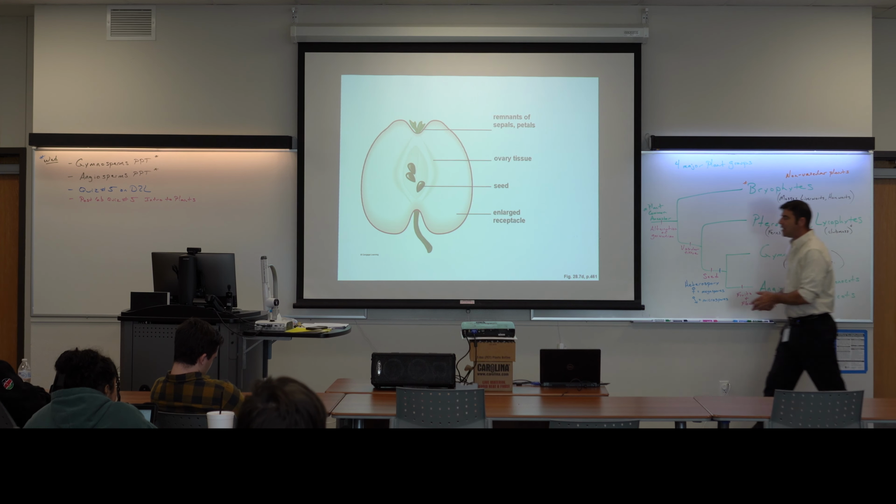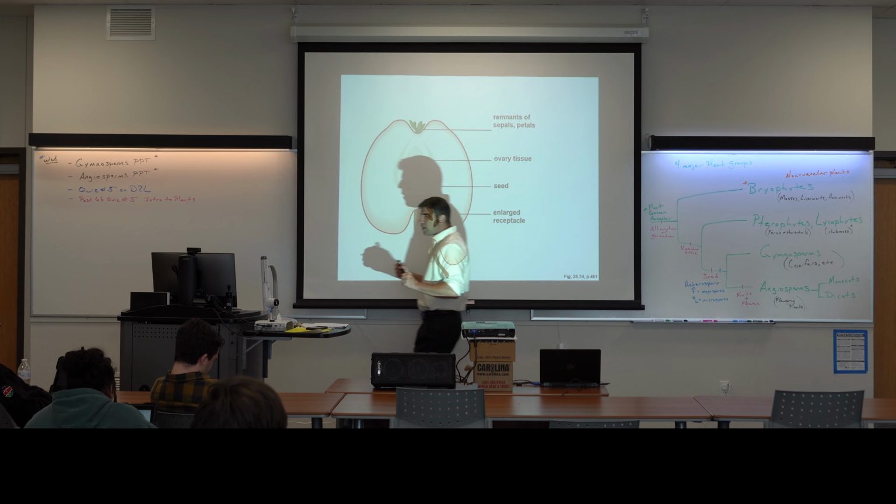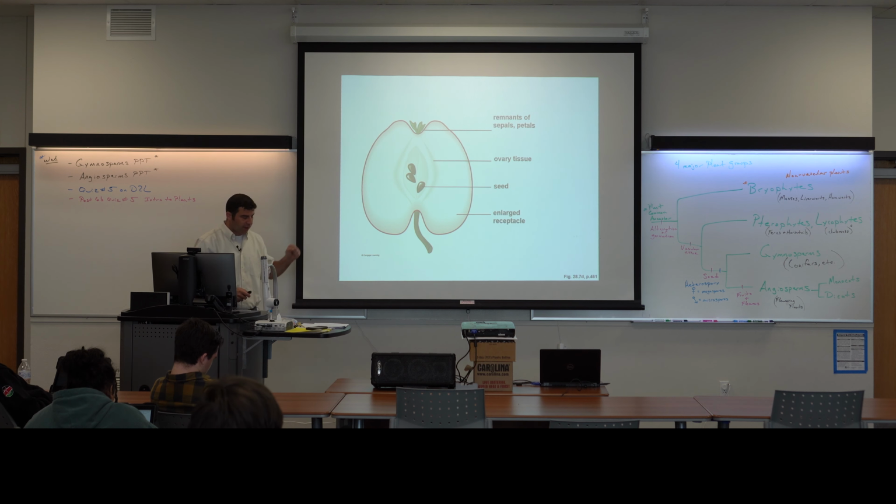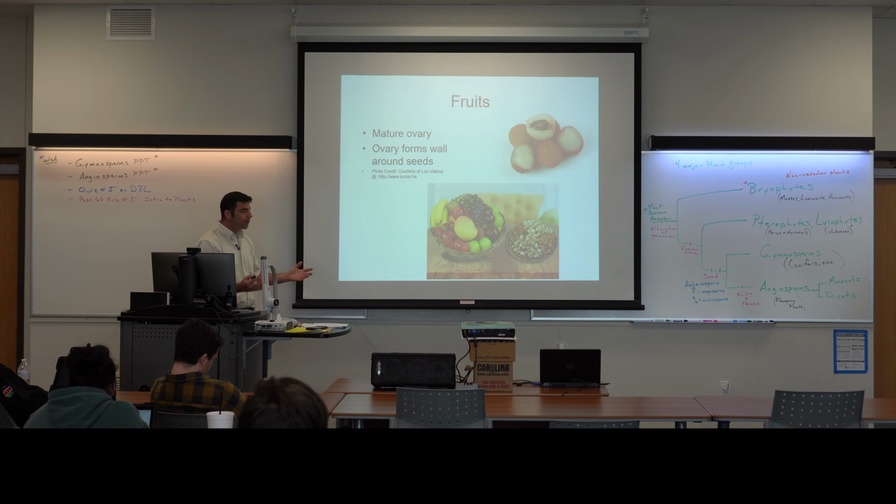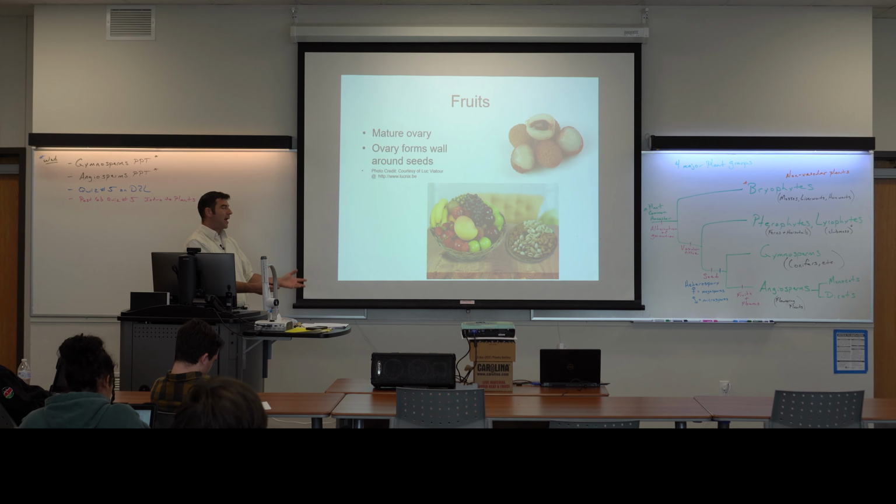Angiosperms are going to speciate because of all of this coevolution that takes place with their flowers and their specific pollinators. Fruits are not always fleshy. They're not always full of sugary nutrients like an apple that are going to pay off an animal for delivering it great distances.